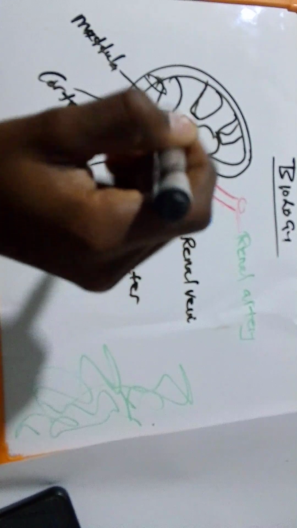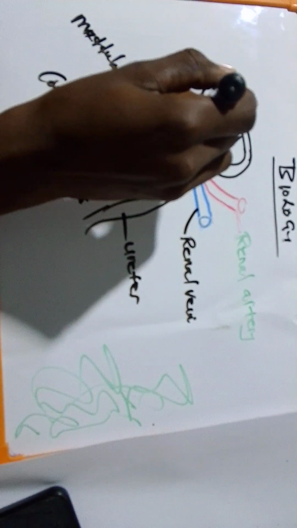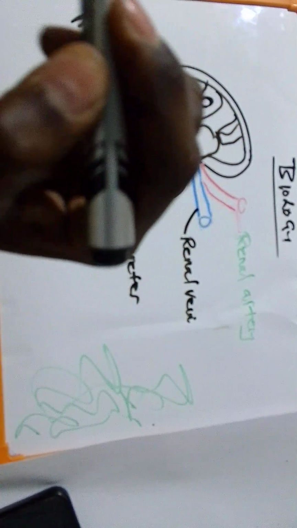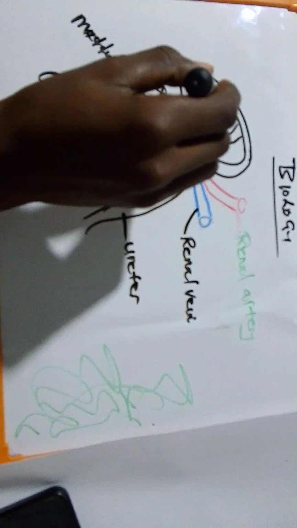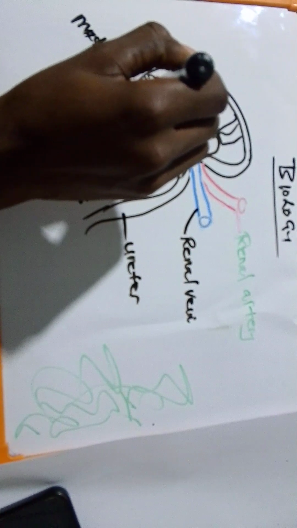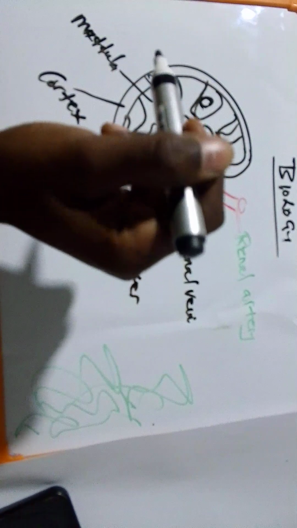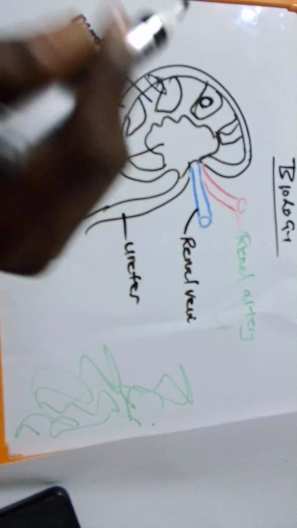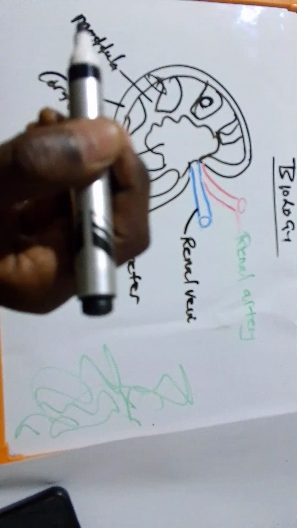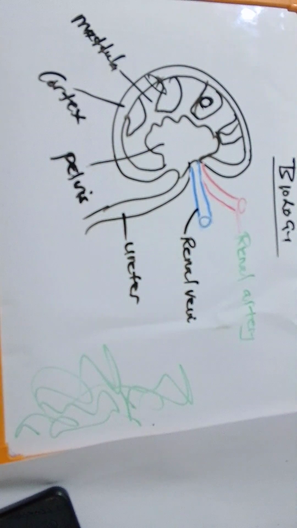Others are located only within the medulla. The one located in the medulla is different from the one attached in the cortex, so their structures also show their difference in how they function.